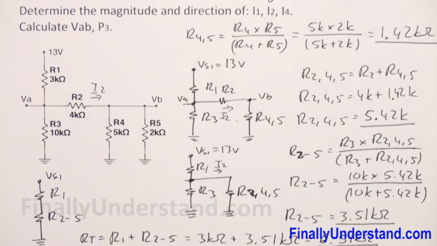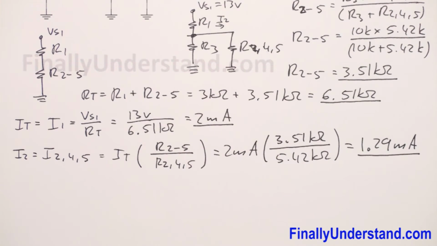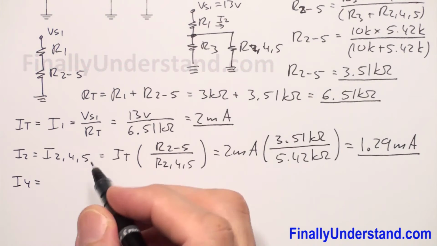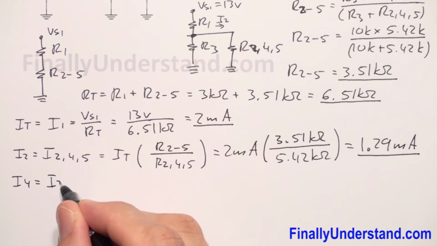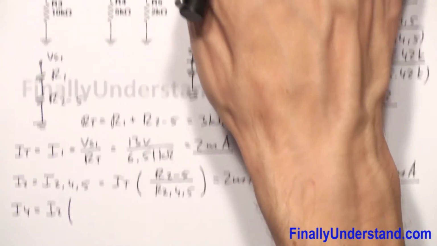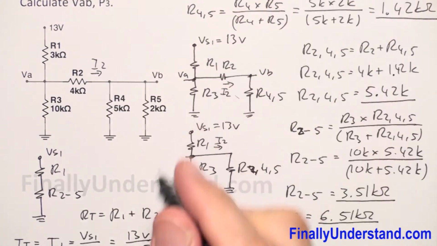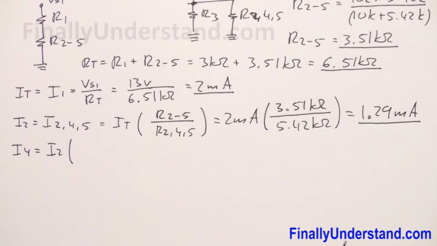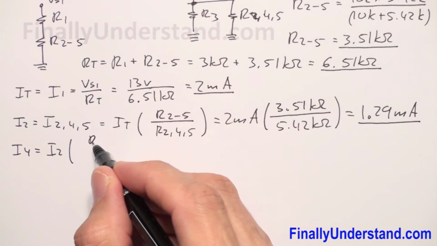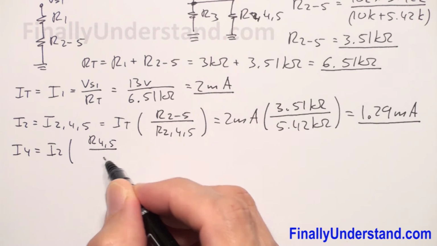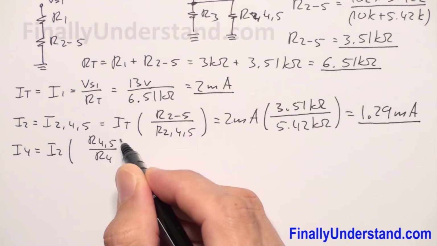So right now I'm going to simply write the formula for current divider: I4 is equal to I2, because this current is going to split into 2 currents. I2 is going to split this time into 2 currents. So this is R4-5 over R4.